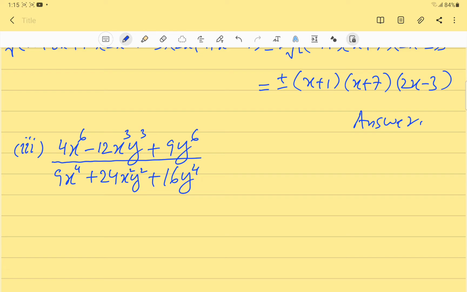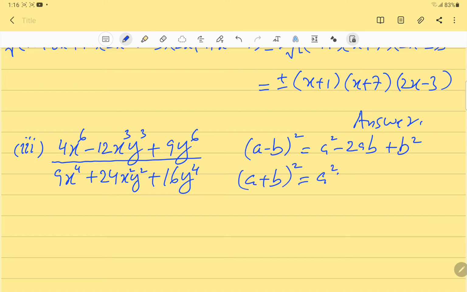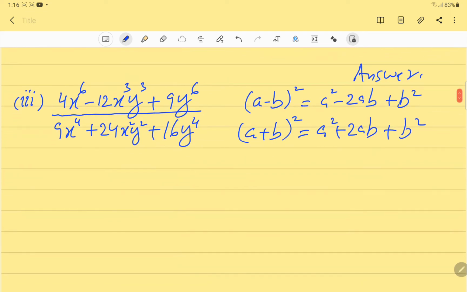Actually, the first expression, which is in the numerator, we can factorize using this formula, and the one in the denominator we can factorize with the help of this formula. So let's follow it.